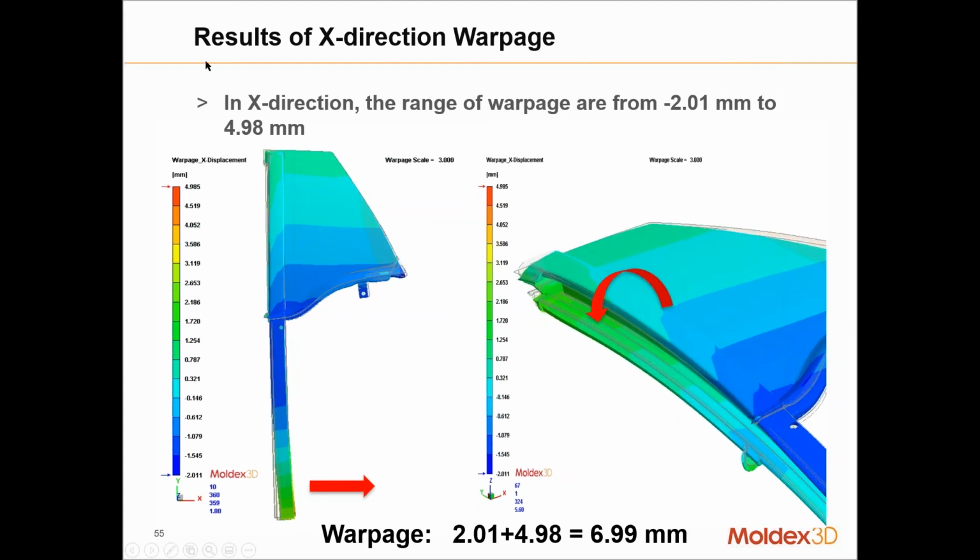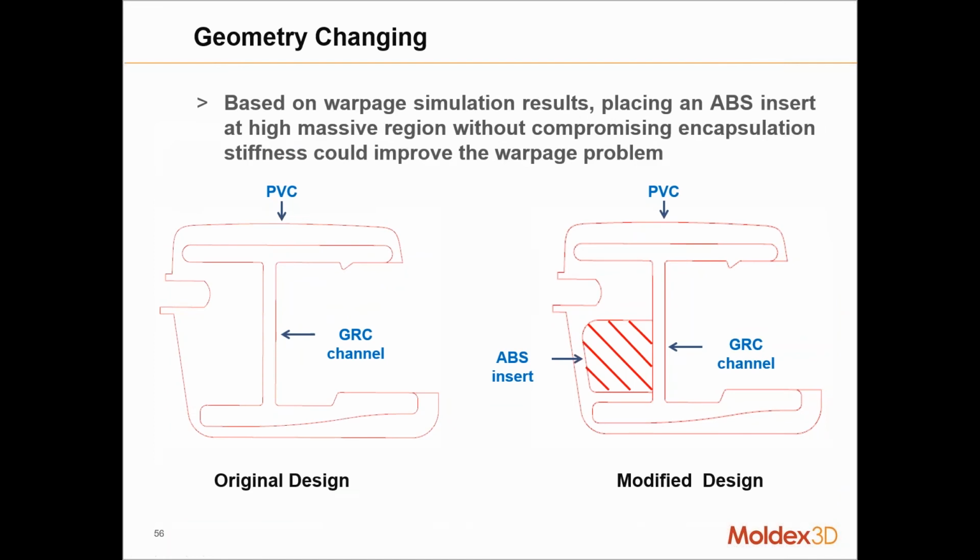So the thing that they wanted to try was coating out the part there, right? Adding an ABS insert. And by doing that, they're basically not compromising on the stiffness of the part, because that was a big concern to them.